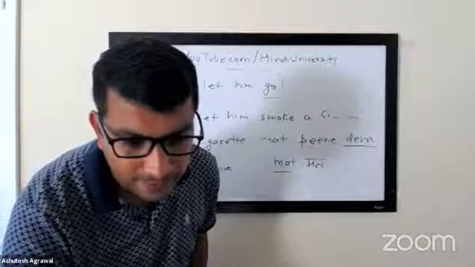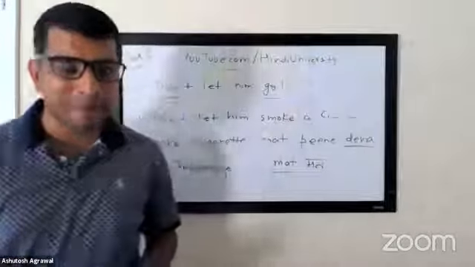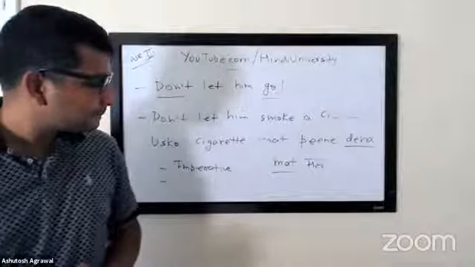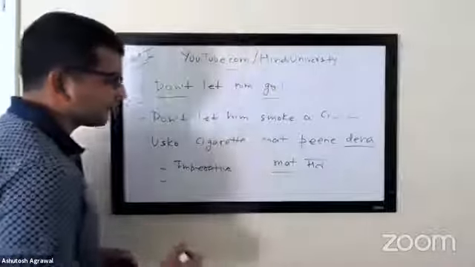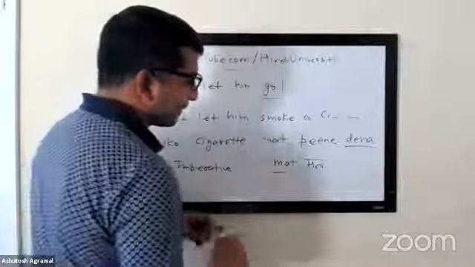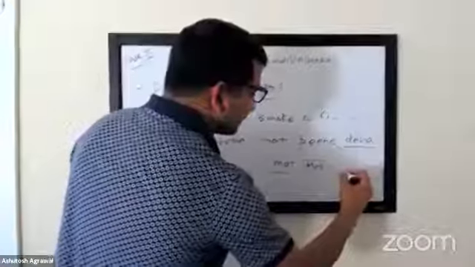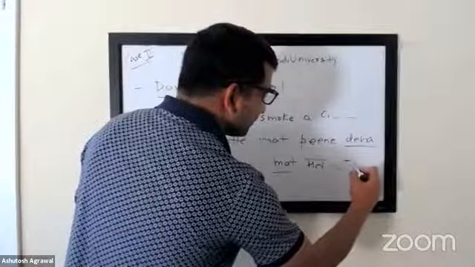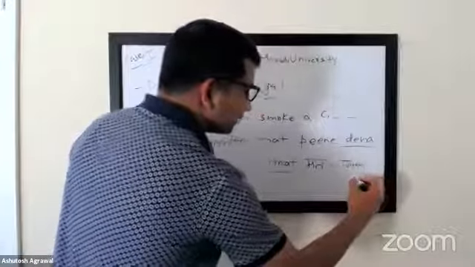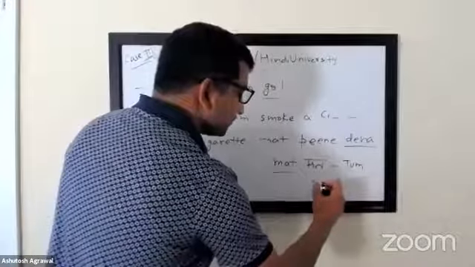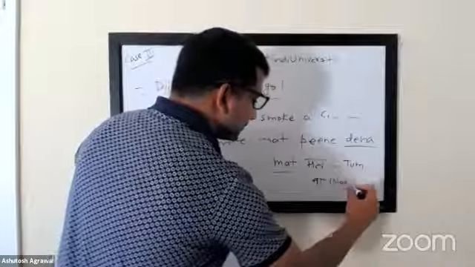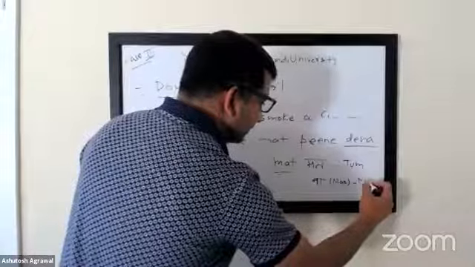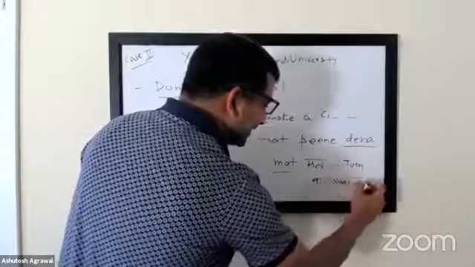Real quick question, because I just looked it up and it's not really clear. Here's something it does say though. It says to use na in the aap form and mat in the tum form. Is that true? Tum, if you're being more informal, and if you're being more formal, you will use na for aap. Have you heard that? No. Or are they interchangeable?